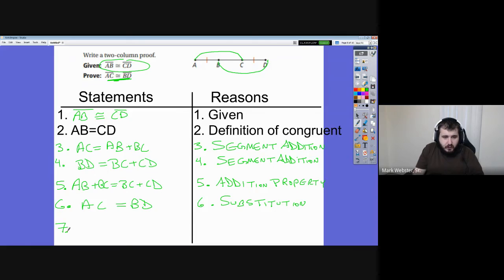This is not what I'm trying to prove yet. This is equal, that's congruent. So I can say segment AC is congruent to segment BD. Because if they're equal, they're congruent, right? This is just what congruent means. And I just am going to use the congruent symbol instead of writing out that whole word. But again, that's what I wanted to prove. That's what I have. And there we go.